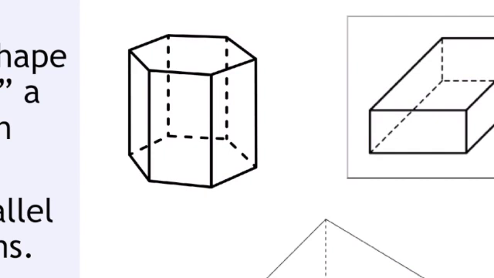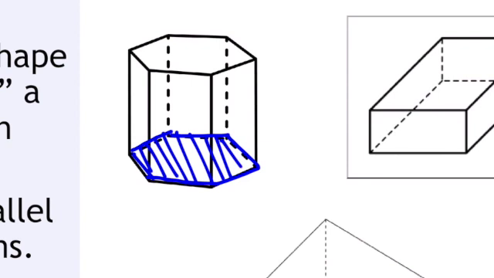Well, we can see that right down here, this is going to be the base shape. How do I know that's a base shape? Because exactly opposite of this is going to be the exact same shape.